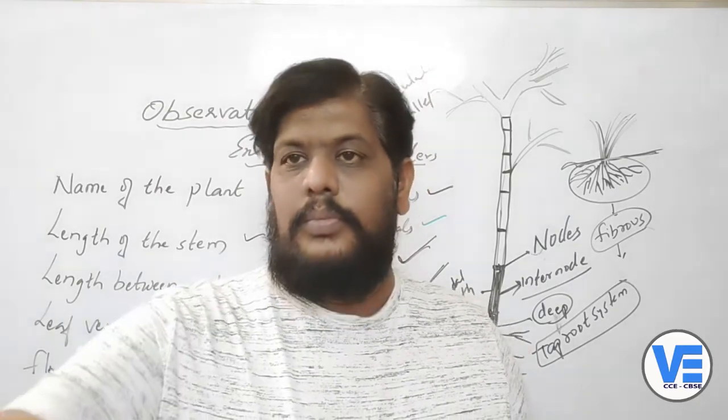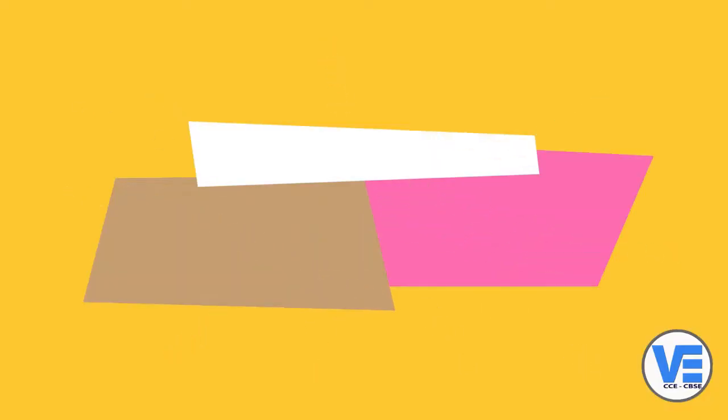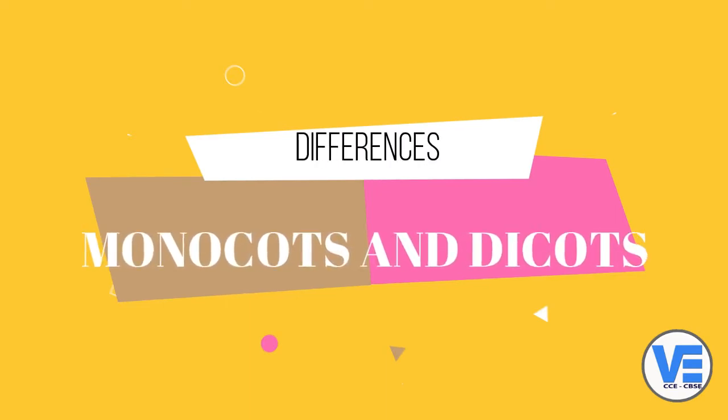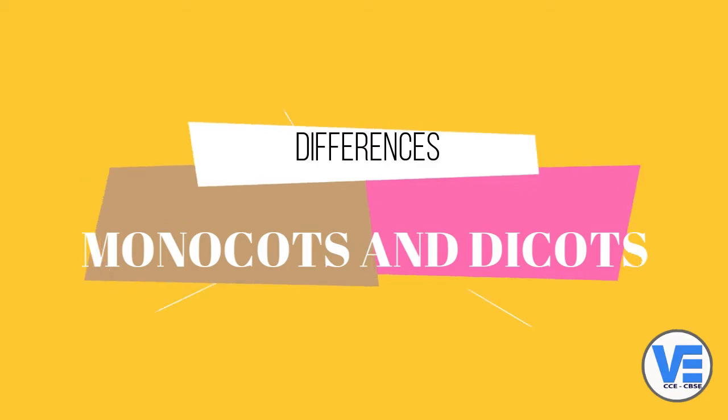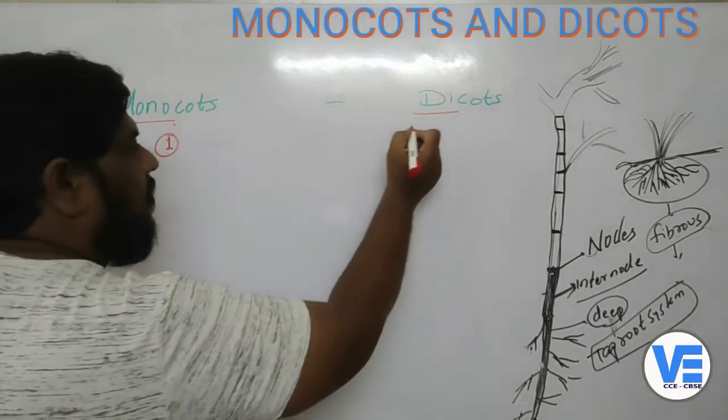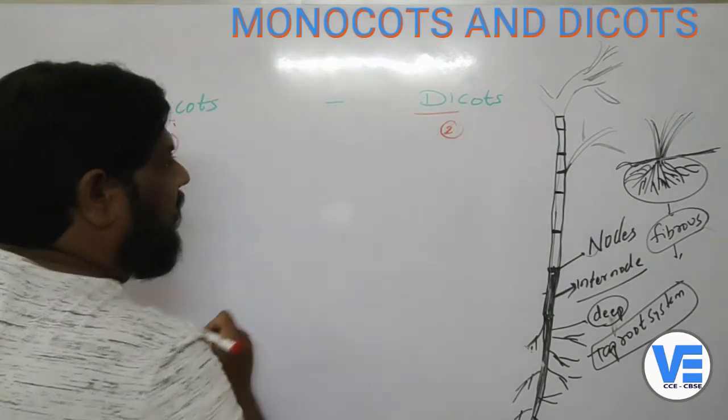So monocots have 1 cotyledon, and dicots have 2 cotyledons.